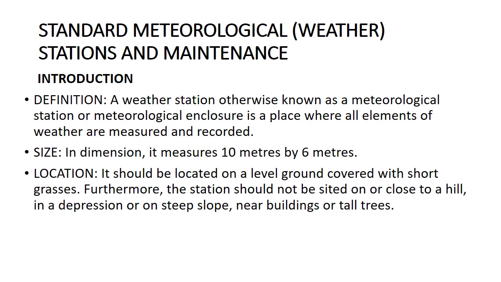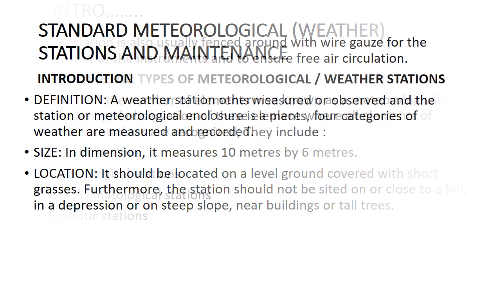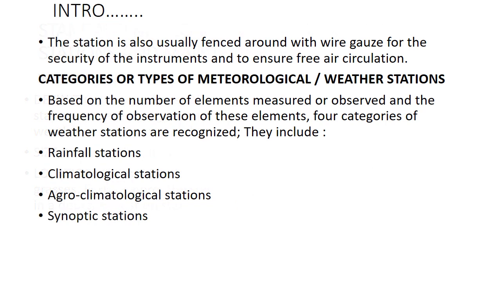So it is pertinent to note that if a weather station should be sited anywhere, we must consider the conditions. There must be a level ground, it must not be on a steep slope, it must be a place covered with short grasses and must be maintained, and there shouldn't be any building or tall tree close to a weather station.